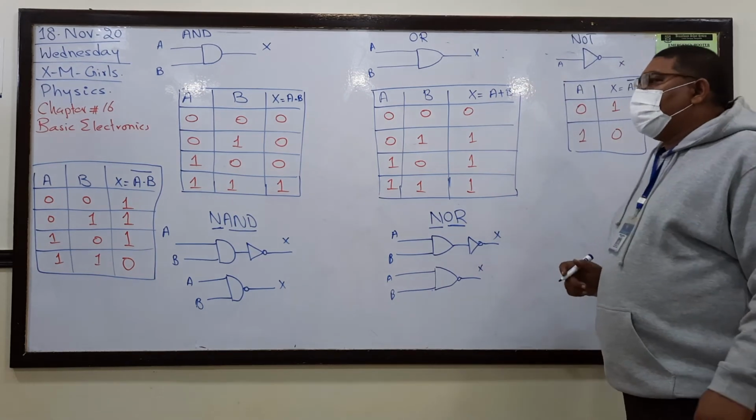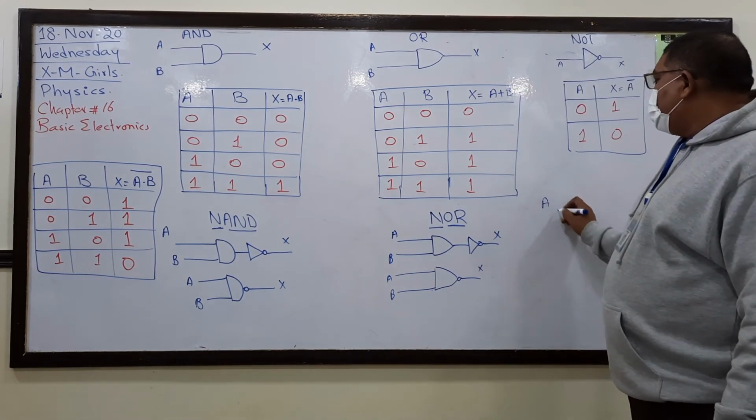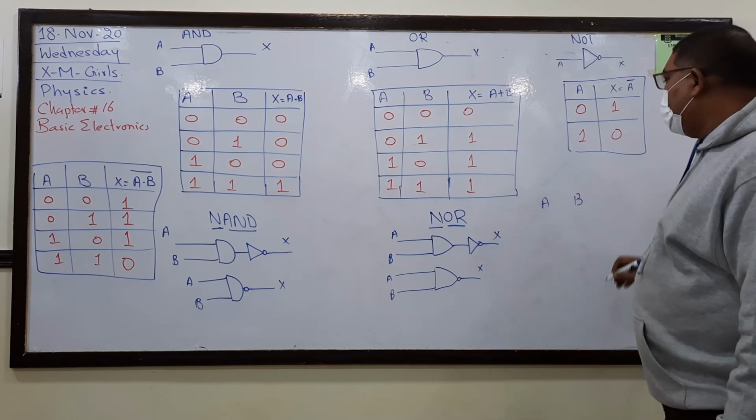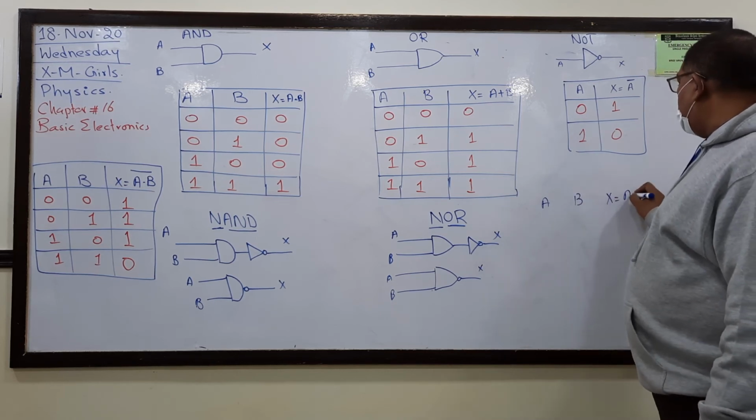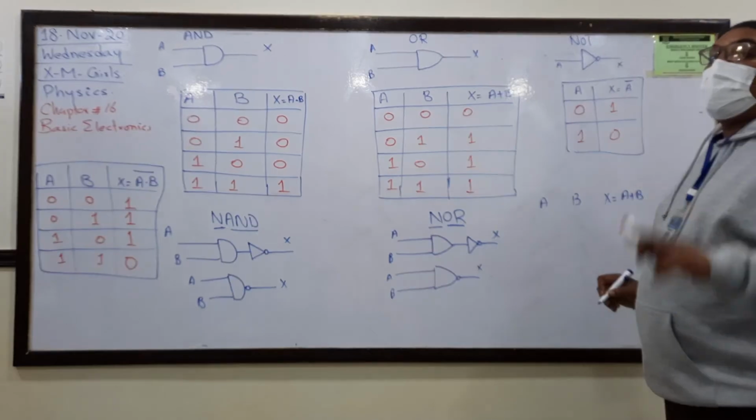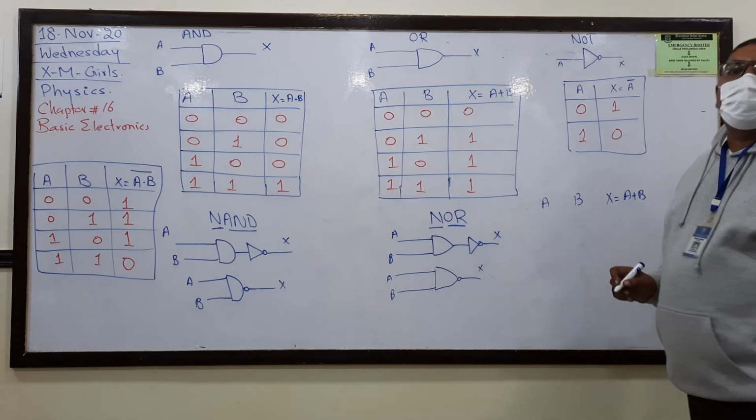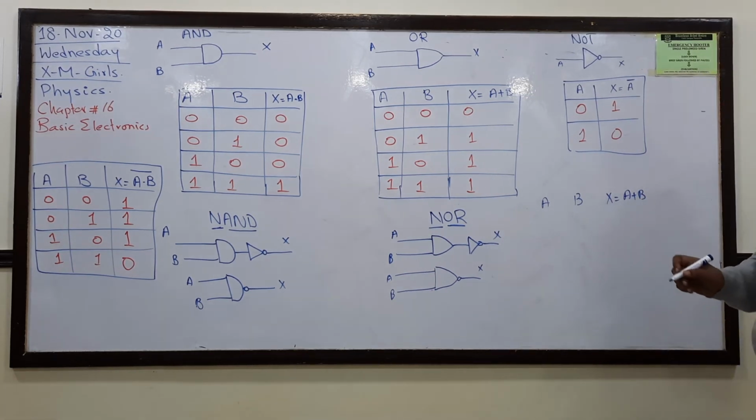Its truth table is very easy. You have the input A, you have the input B. X is equal to A plus B. Whatever the result of A plus B, you invert it. Okay, you understand?